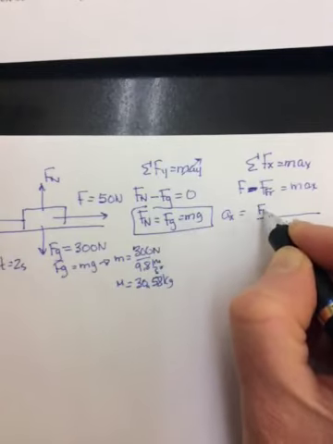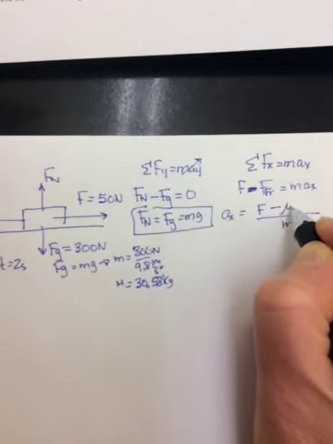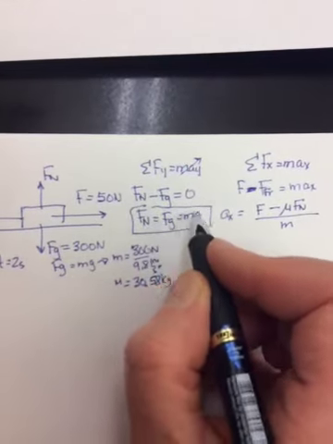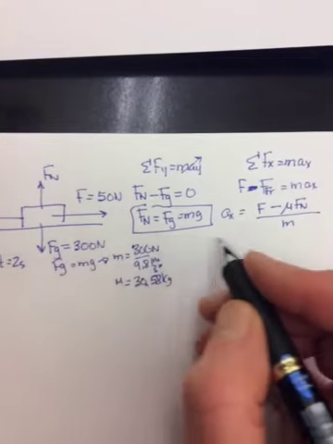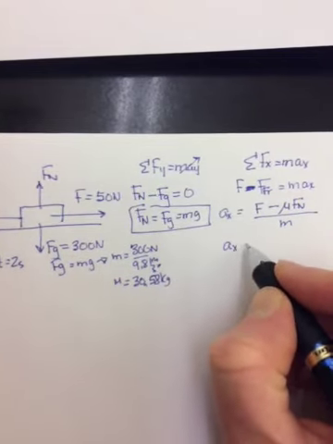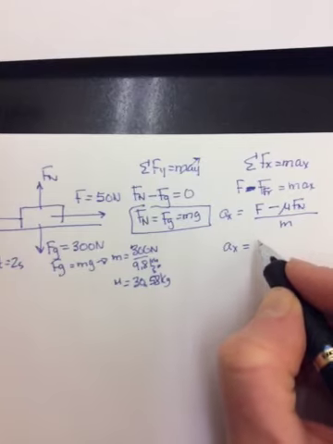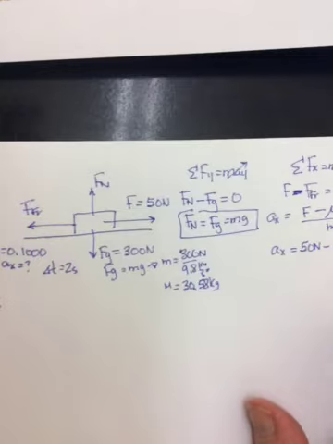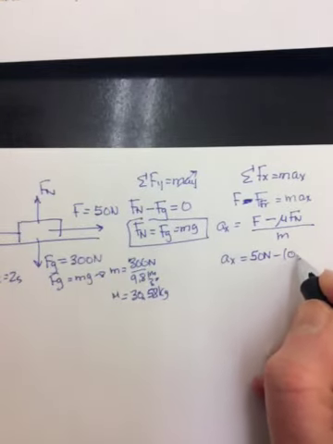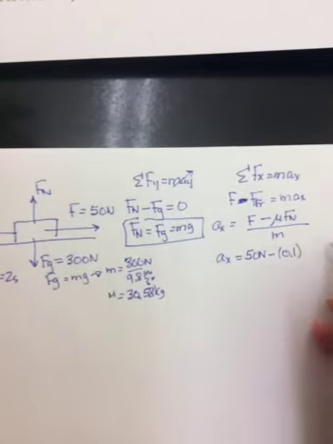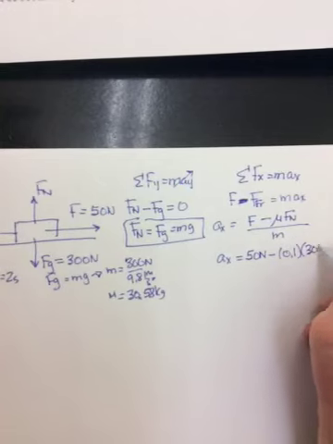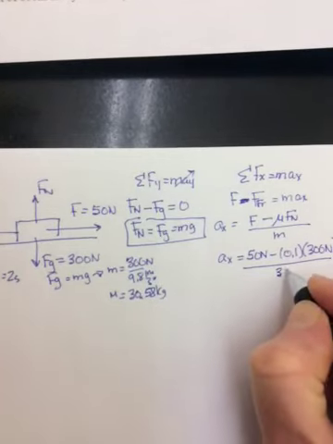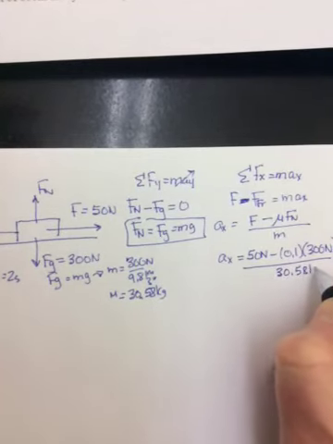So it'll be F minus friction, and friction, we know, is really mu Fn. And what we found here was that Fn was equal to Fg, and Fg was 300 newtons. So we can do ax is equal to 50 newtons minus mu, which was 0.1, times 300 newtons, which is 30, divided by 30.58 kilograms.